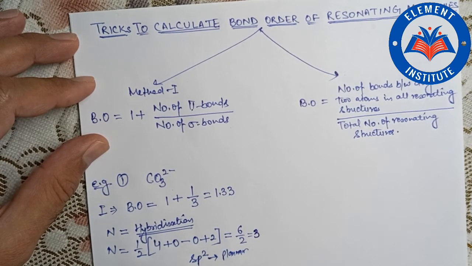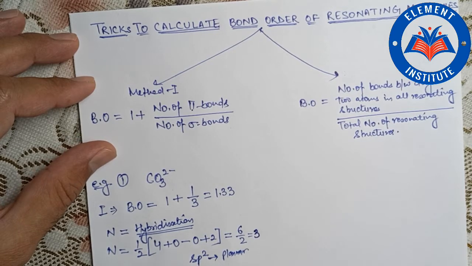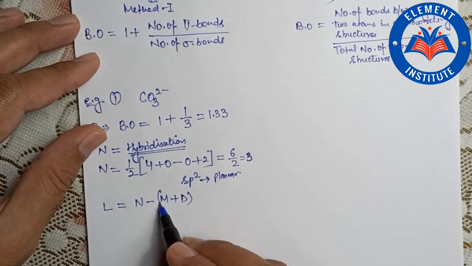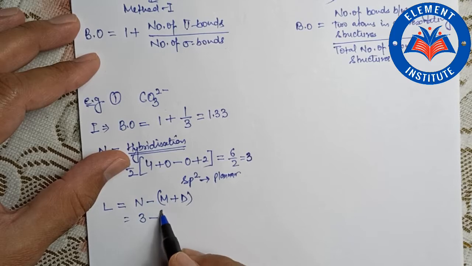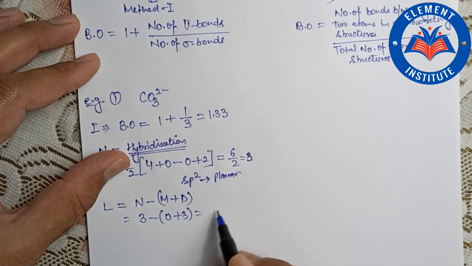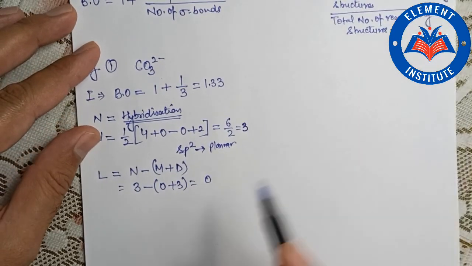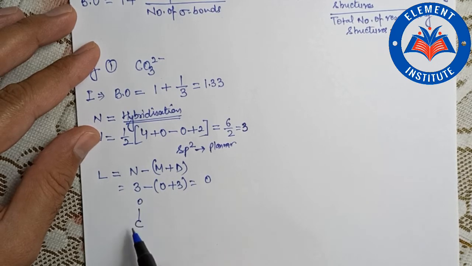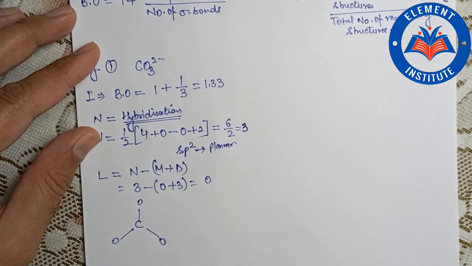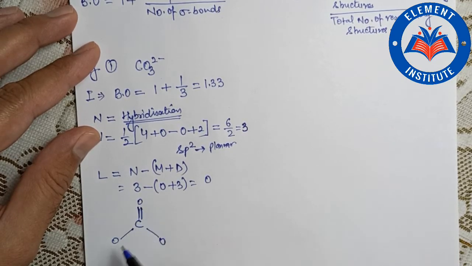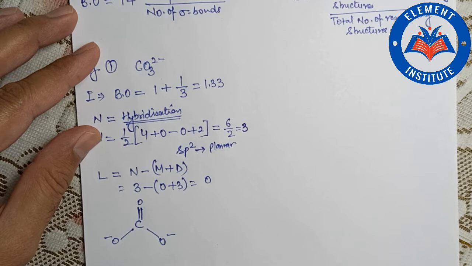Now the number of lone pairs will be equal to n minus m plus d, that is 3 minus 0 plus 3, which is equal to 0. That means in this molecule there is no lone pair of electrons. So what would be the structure? It is planar with no lone pair, so one oxygen atom will be doubly bonded with the carbon and the other two oxygen atoms will be singly bonded, having the minus charge.